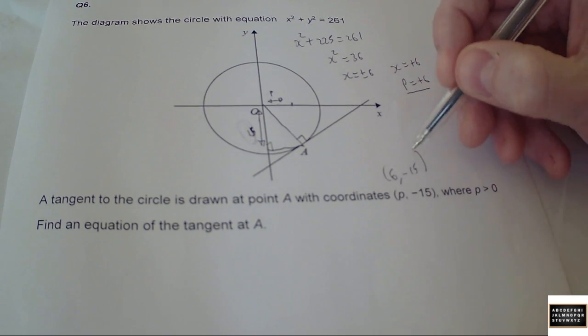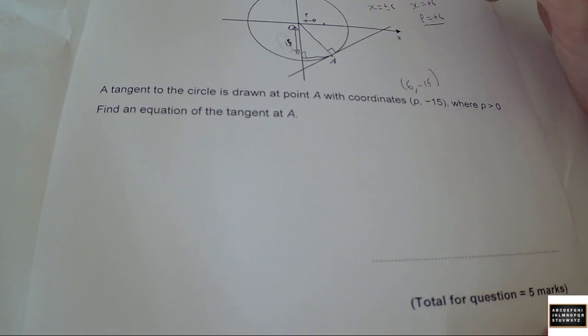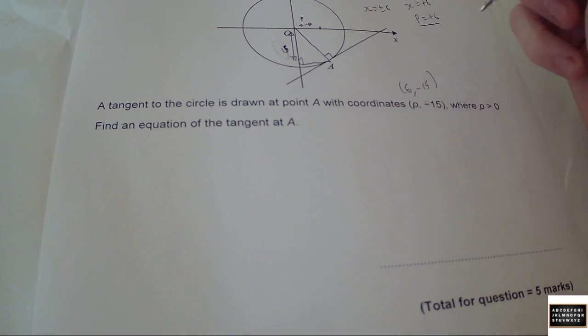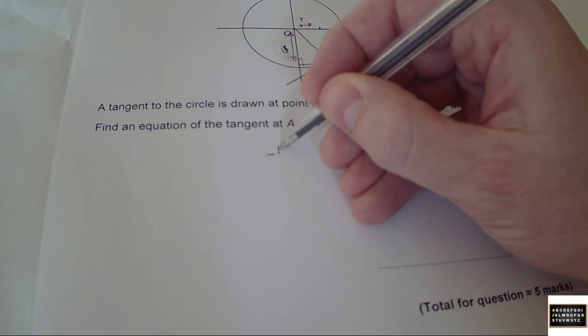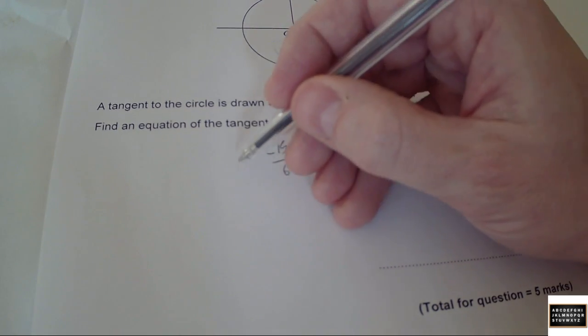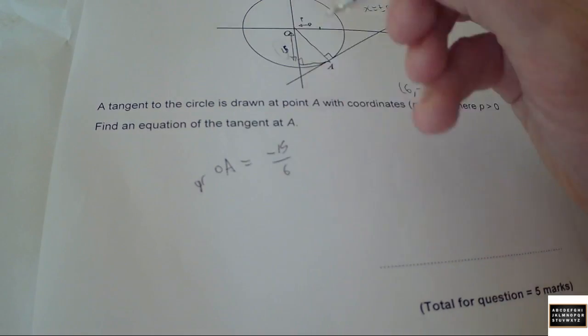Now we can fill that in. And then again, going back to the same principles from earlier. So number 1, work out the gradient of the radius. So that's changing y over changing x. So that's minus 15 over 6, changing y over changing x. So that's the gradient of the radius.